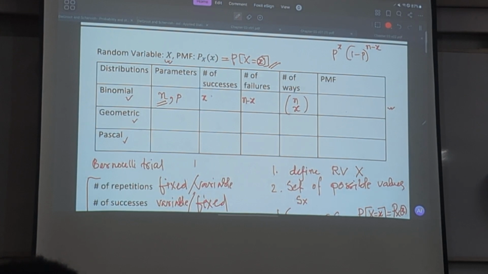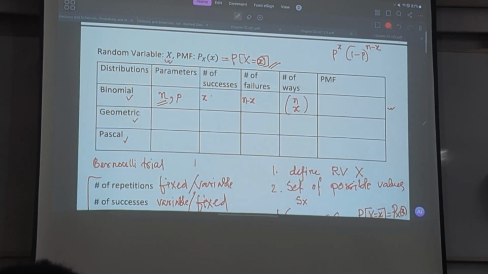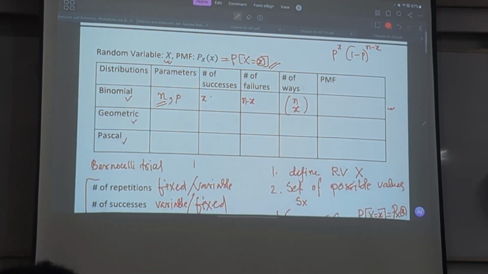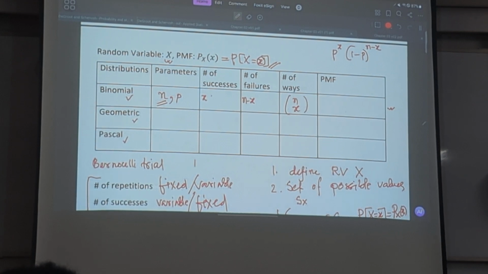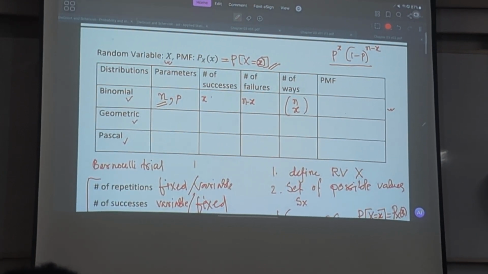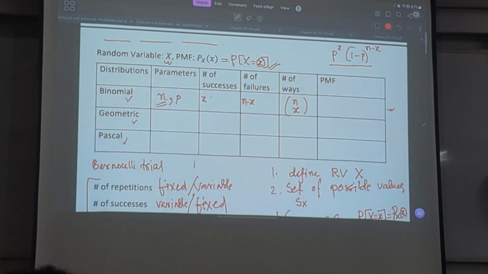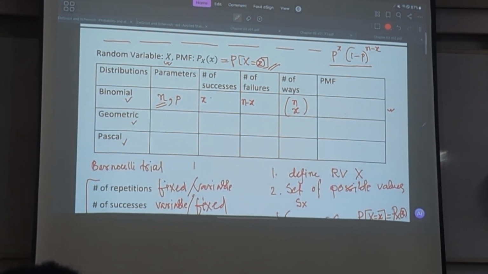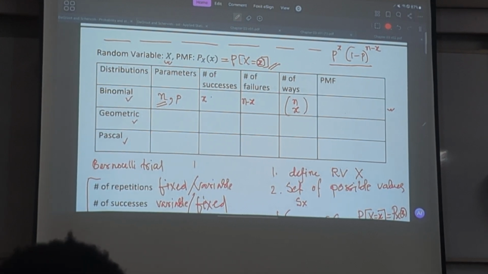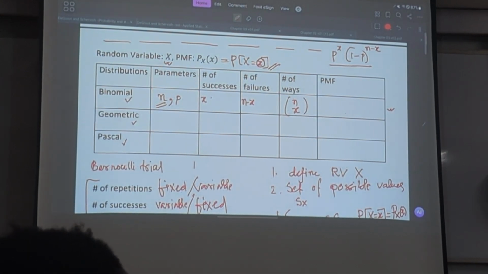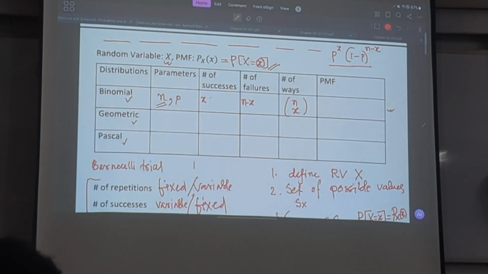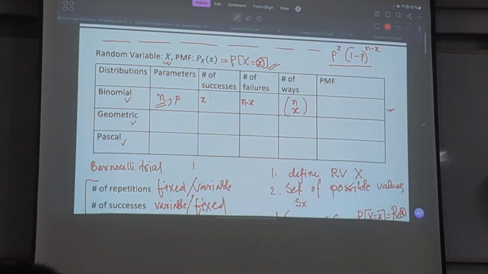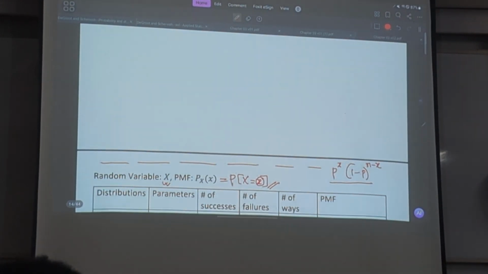This indicates in general there will be x successes and n minus x failures. All of this should occur. Actually, what is inside here? You have a tree diagram. In this tree diagram, you have a path, and that path has x successes and n minus x failures.